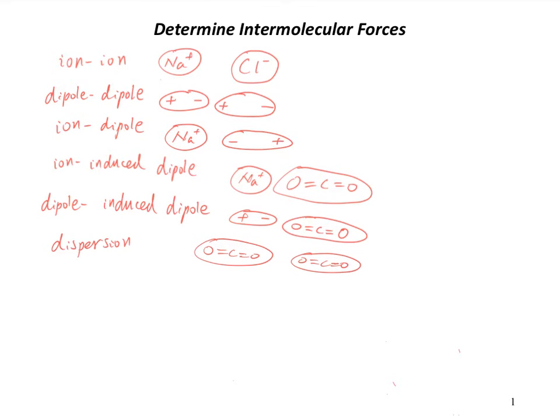So if we compare the strengths, the strongest is ion-ion. The second strongest should be ion-dipole. After that is dipole-dipole, then ion-induced dipole, dipole-induced dipole, and dispersion, generally speaking. And also, there is a special dipole interaction called hydrogen bond.